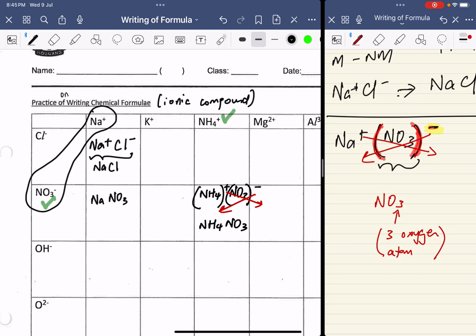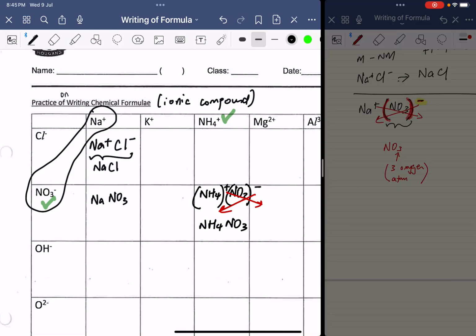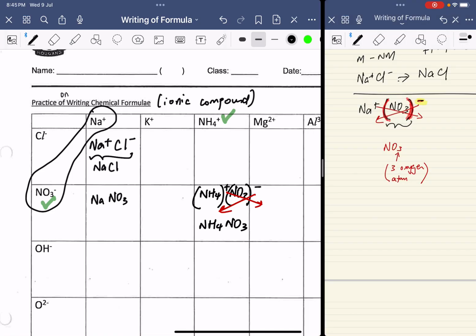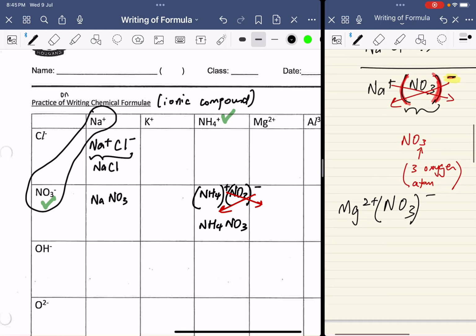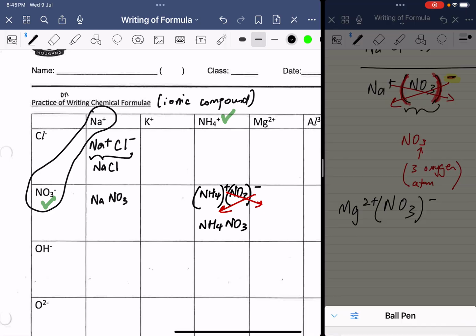I am going to move on with another set of questions over here. What happens if they have not a balanced formula? The charge is not the same. One is a 2 plus, another one is a minus. In this case, what I suggest you to do is a crisscross.